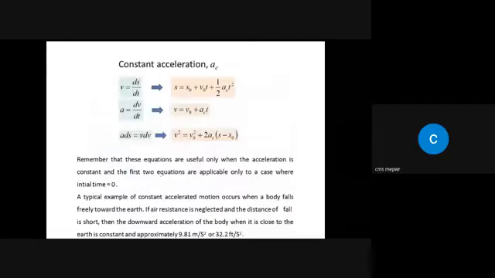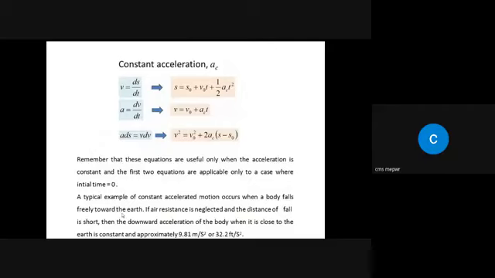Remember that these equations are useful when we consider the acceleration as constant, and in the first two cases we took the initial time as 0. As I have told you, a typical example of constant acceleration motion can occur when a body falls freely towards the earth.